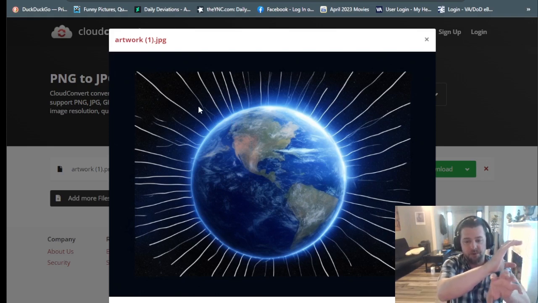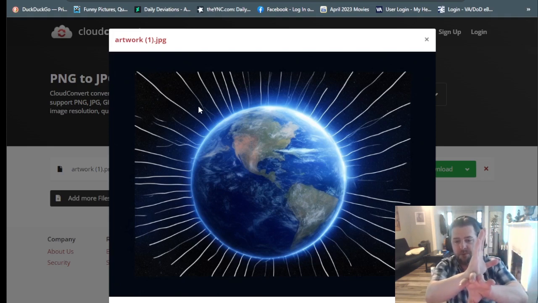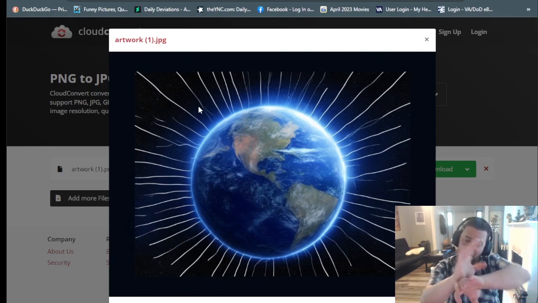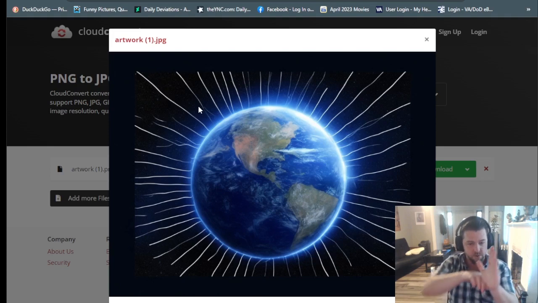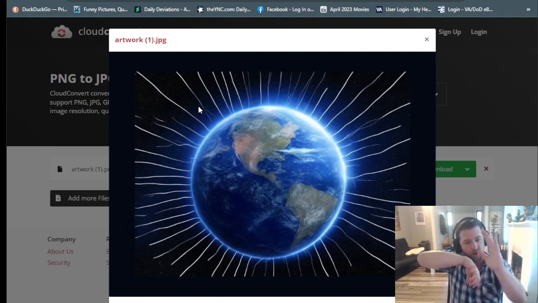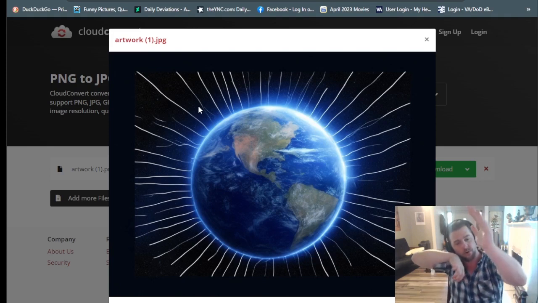Like as the Earth spins, they start off straight, but as the Earth spins, they curve, right? Is that what's going on? Because that's the way you would expect it to go, right? As they go out and the Earth spins, they're now going to have a natural sort of curve to them.